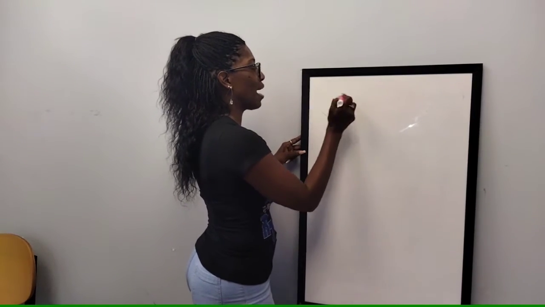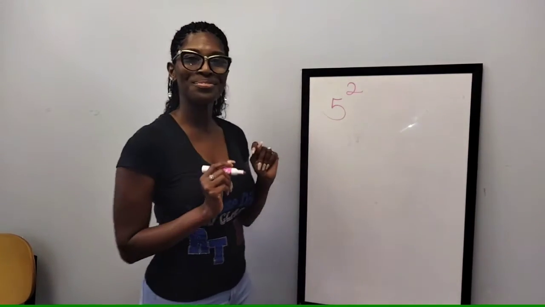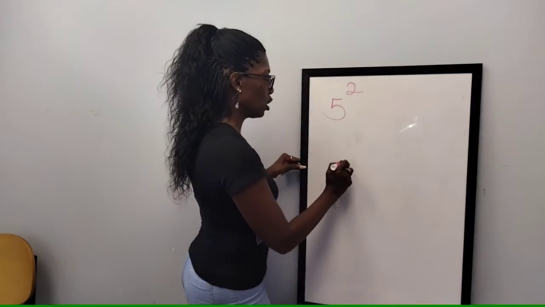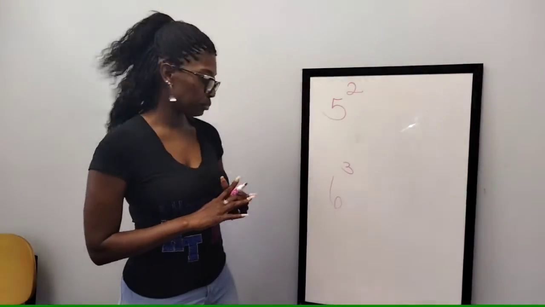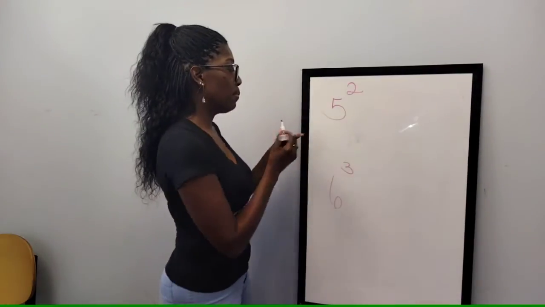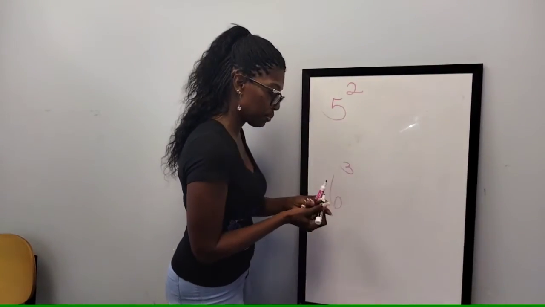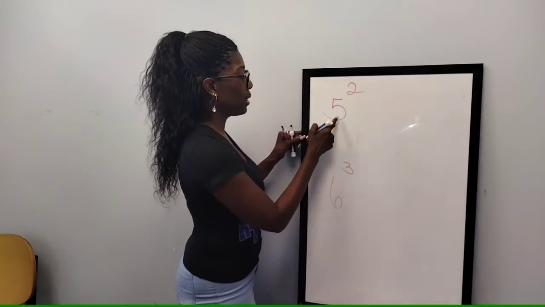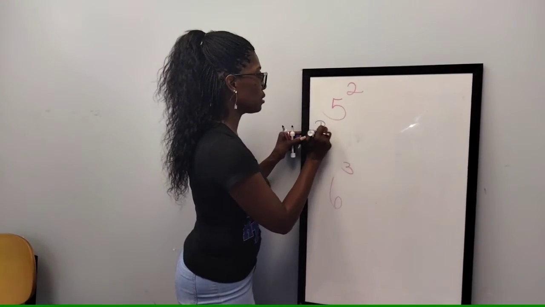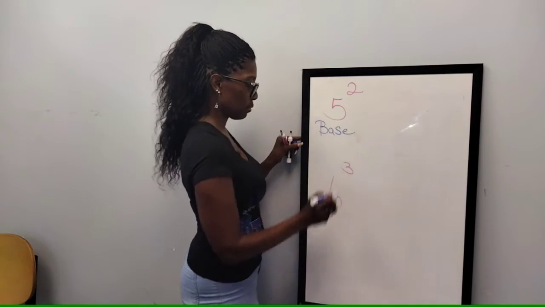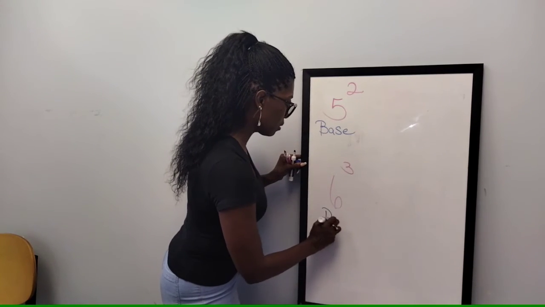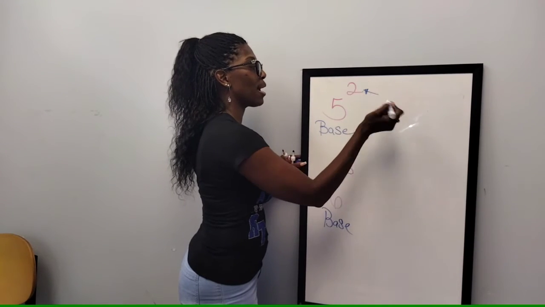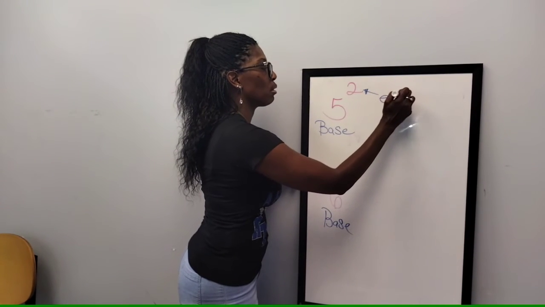So I'm going to do 5 squared, and I'm going to do 6 cubed. The big number here is considered the base. And the small number at the top right is the exponent.